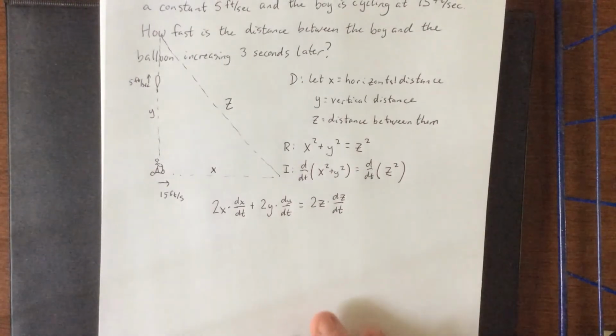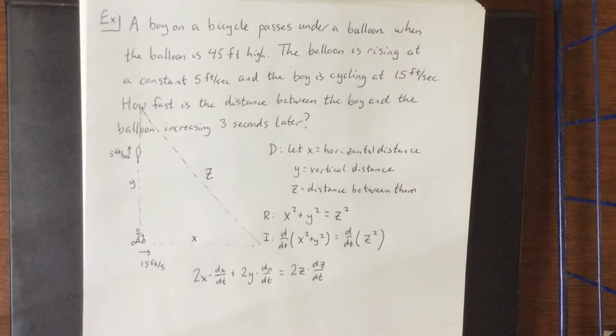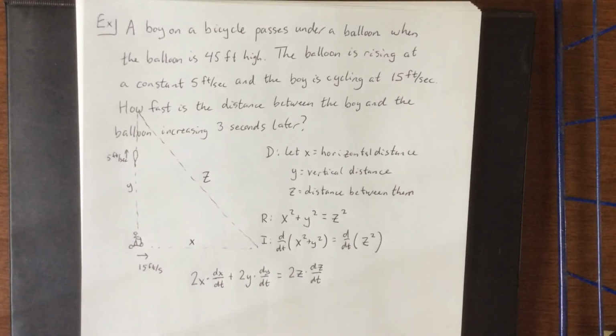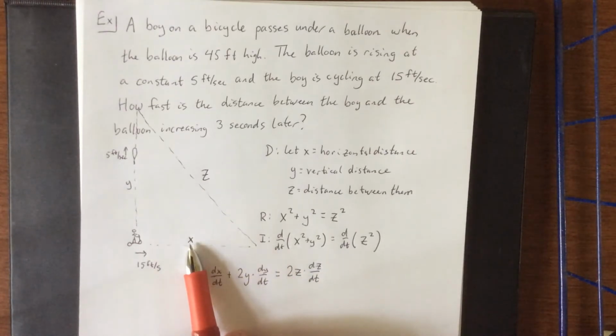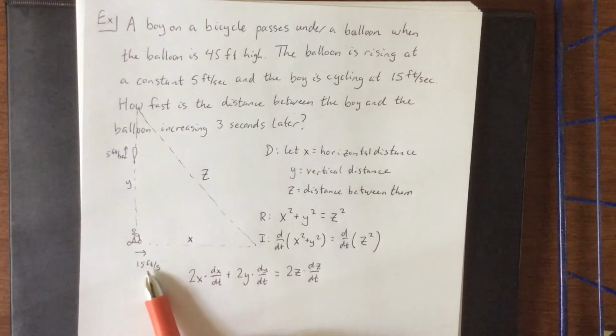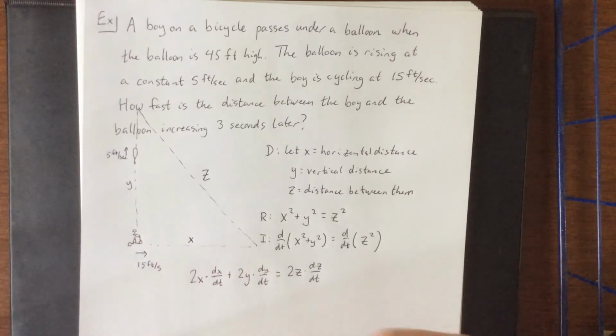Now, if we reread the problem, there are some quantities that we know, and some quantities that we are going to figure out by doing some extra work. The first one is calculating the actual value of x at this instant. The boy is traveling at 15 feet per second, and it is now 3 seconds later.